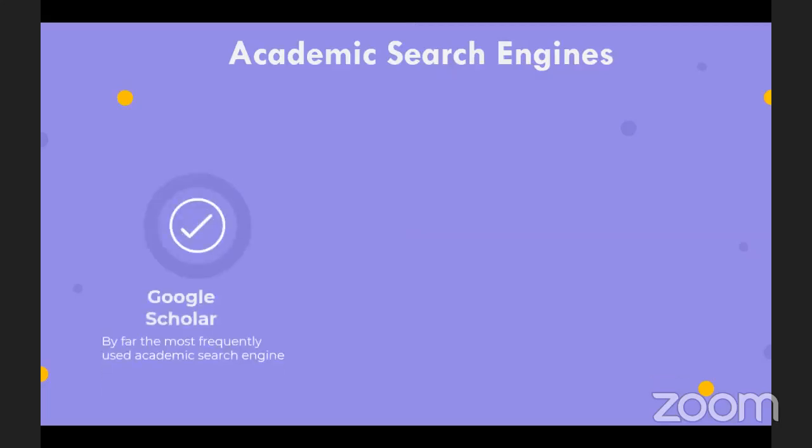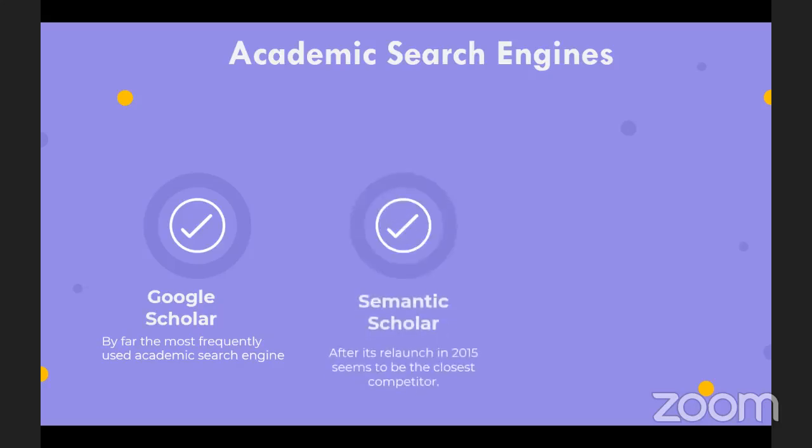Now, Google Scholar is not the only academic search engine out there, but Google Scholar is the most frequently used academic search engine by academics and practitioners. We used to have Microsoft Academic, which was powered by Microsoft, but this was discontinued in December 2021, I think. We also have Semantic Scholar, which has also been in existence for quite some time.